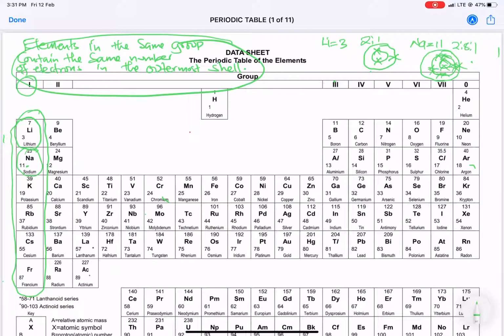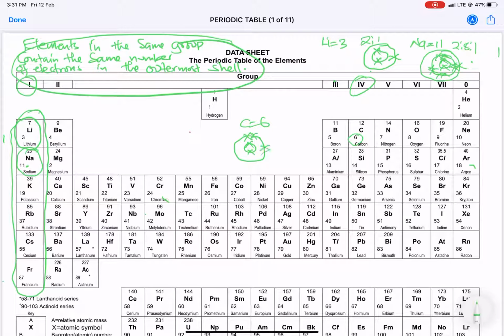Even when you come to, for instance, group 4, we have carbon, atomic number is 6. First shell will carry 2 electrons. To reach 6, you're remaining with 4.